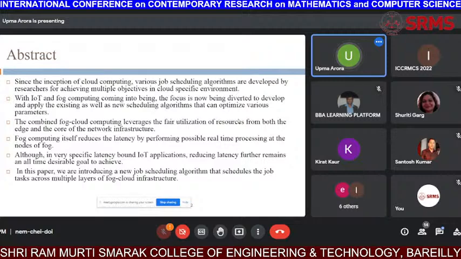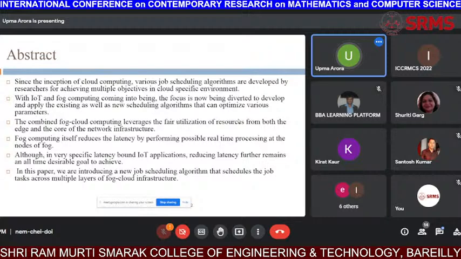First one is heterogeneous application modules. That means the sizes, RAM, MIPS, and bandwidth requirements of the application modules can be different from one another. Next one is heterogeneous fog devices. That means MIPS, RAM, and bandwidth of different fog devices can be different from one another. Next one is heterogeneity of hosts.